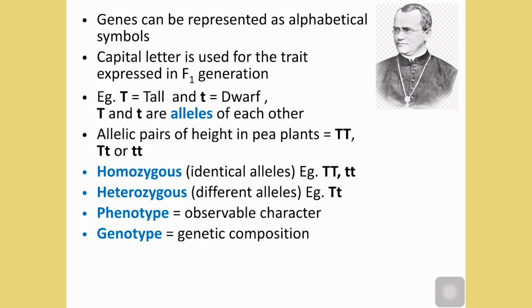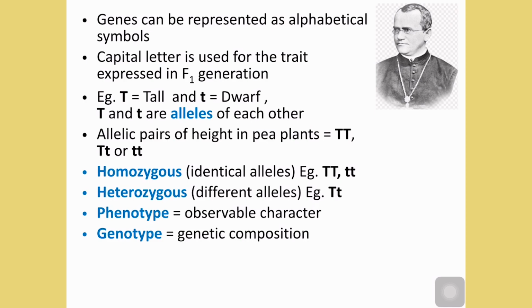He then represented the genes or the factors as alphabetical symbols. He used a capital letter for the trait which was expressed in the F1 generation. For example, when we made a cross between a tall plant and a dwarf plant, all the F1 generation were tall. So he used capital letter T for the tall gene and small letter t for the dwarf gene.